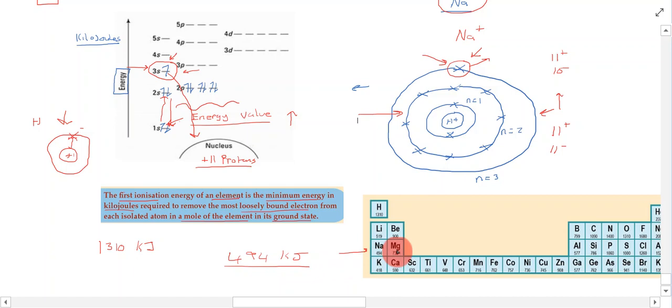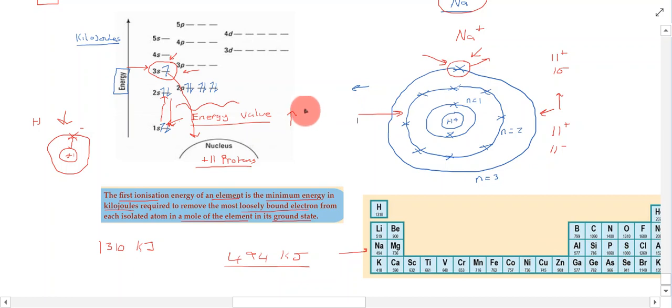That makes sense because magnesium has more protons, so it's going to have more of a positive pulling charge on its outer electrons, and the screening effect is going to be the same for sodium and for magnesium. And as you move across, we can see that as we start to gain some electrons, it starts to reduce again. But we'll look at that in a little more detail later.